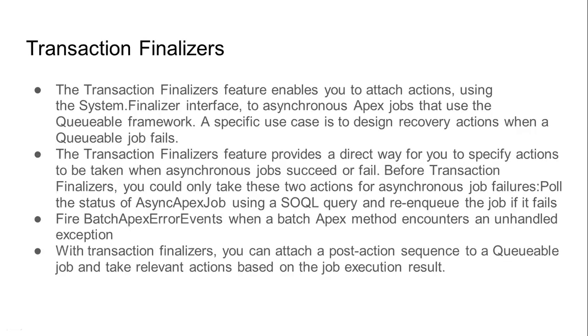Next we go to transaction finalizers. As I mentioned, you are able to attach these finalizers to Queueable. System.Finalizer is the interface name. So instead of polling, you can directly get the final state. Like in Java, you have a finally keyword, so it's kind of a finally for your Queueable class.